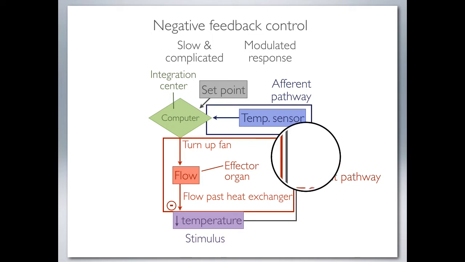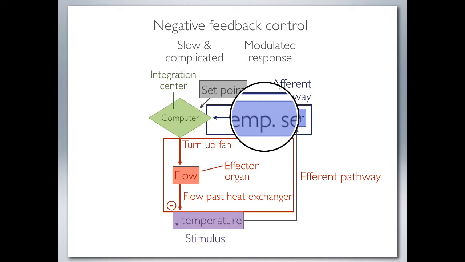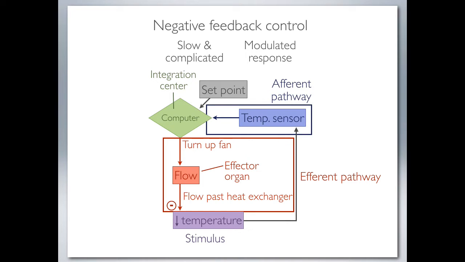Okay, so of course, for control systems, that is negative feedback control systems, you have a sensory component. The sensory information is gathered up, and decisions are made according to algorithms, so that efferent pathways become recruited in response to this stimulus.